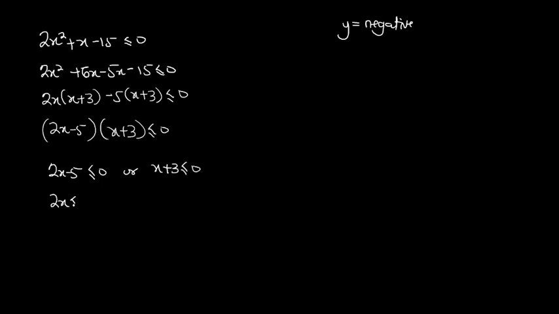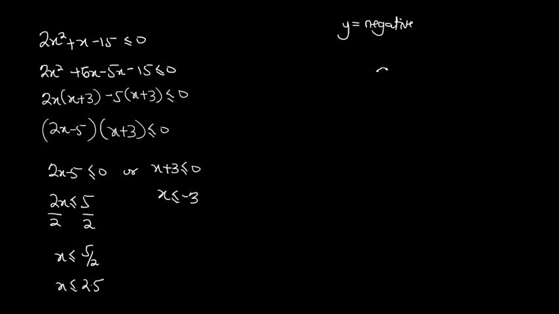So 2x less or equal to, I send the 5 to the other side, it becomes positive 5. Divide both sides by 2. My x is now less or equal to 5 on 2, or this is 2.5. Or over here I have x less or equal to negative 3.